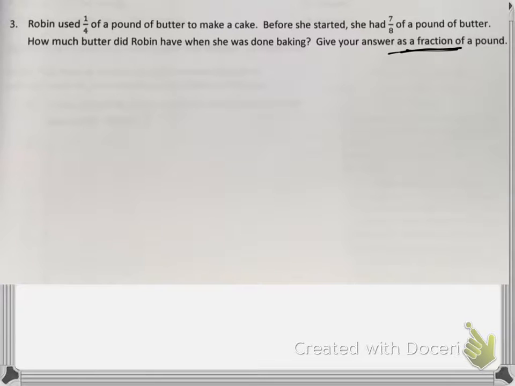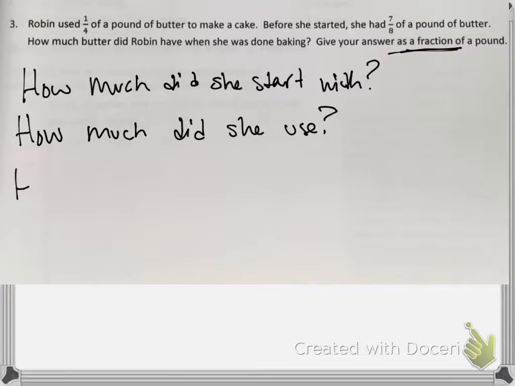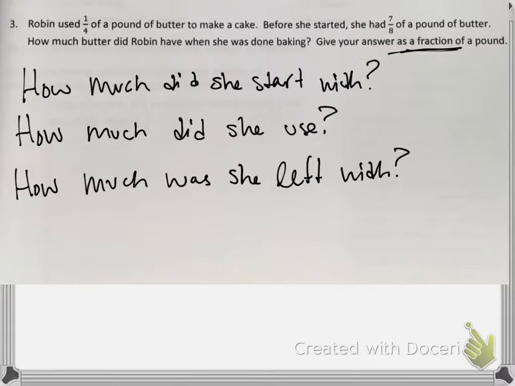So we need to figure out how much she started with, how much she used, and then finally, how much she was left with. All right, so those are the 3 questions, and then this is that final answer that we're looking for.